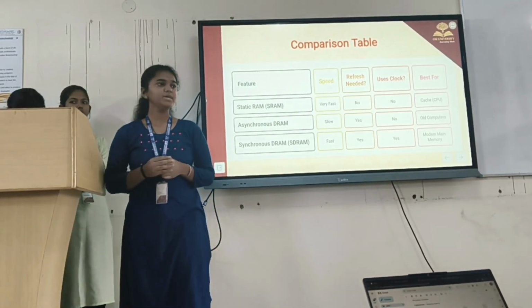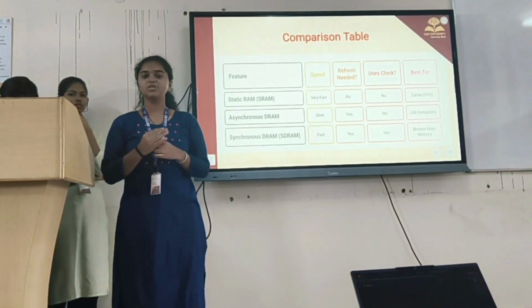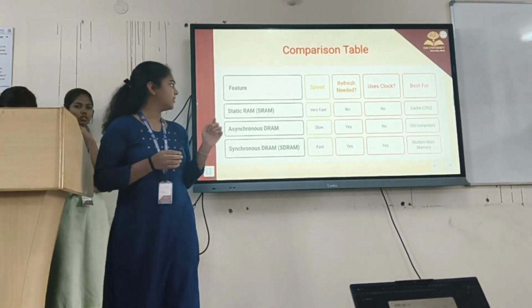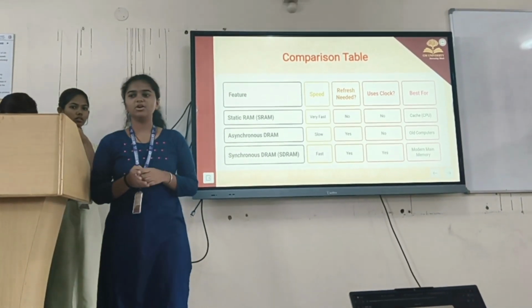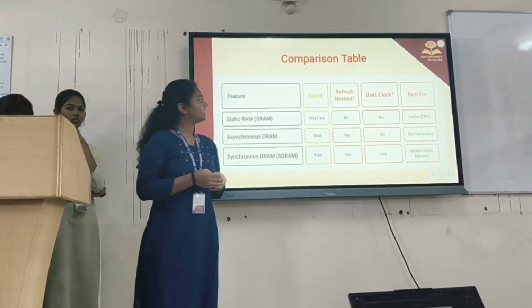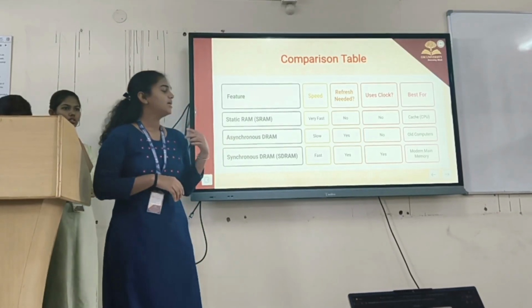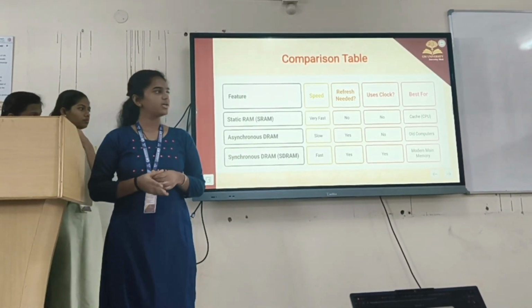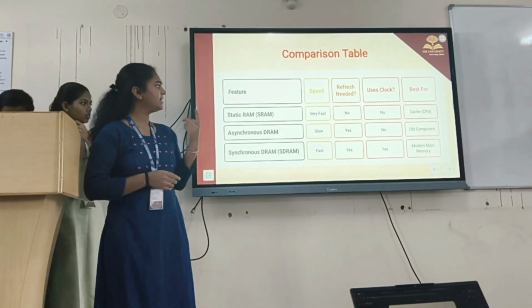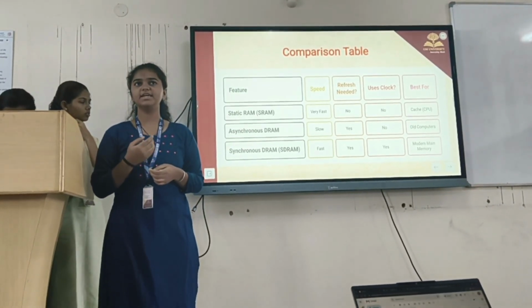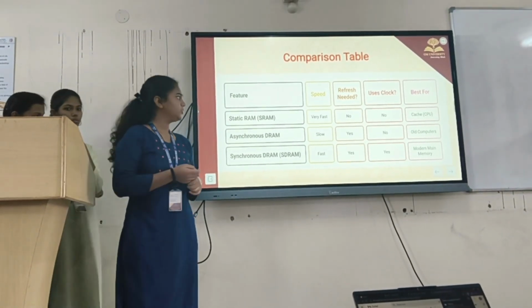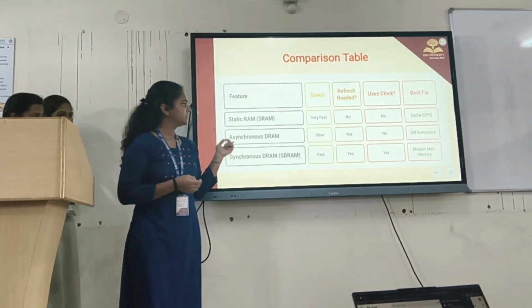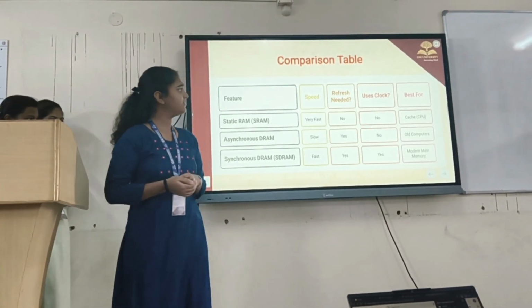The data will be retained in the memory as long as power is supplied to the SRAM. So there is no need for refreshing the data, and the clock is not needed because there is no synchronization between the memory and the CPU. It sends the data instantly, so there is no synchronization needed in the static memory.